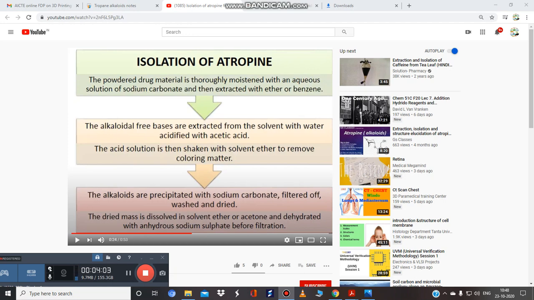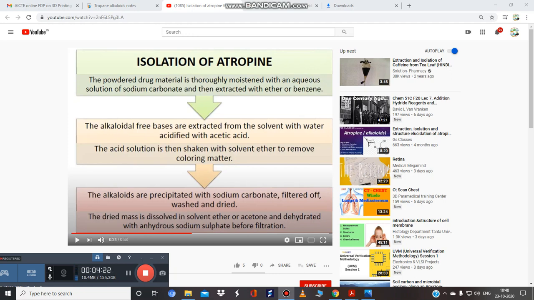In this procedure, the powder drug material is thoroughly moistened with an aqueous solution of sodium carbonate. Look at this, again in this step you add a basic substance to the alkaloid, so the alkaloids are set free.